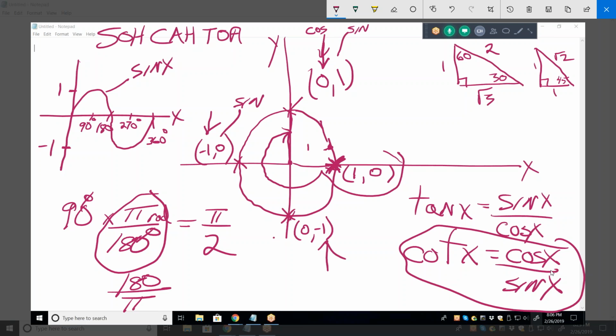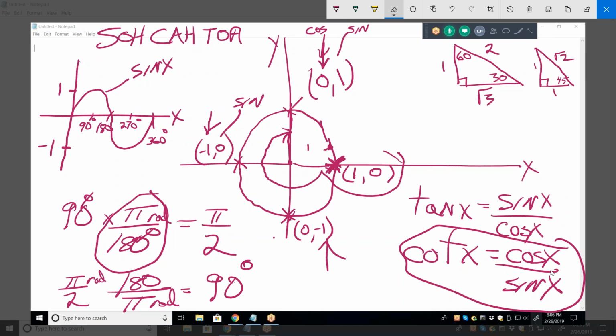Just know that when you're converting, you got to lose whatever you started with and pick up the other. If I'm converting degrees, I got to lose degrees. The only way I lose degrees is if that 180 is in the denominator. If I'm going from pi over 2, which is a radian angle, I got to lose the radians, so I need the radians to be in the bottom. Now, what's that equal to? 90 degrees.